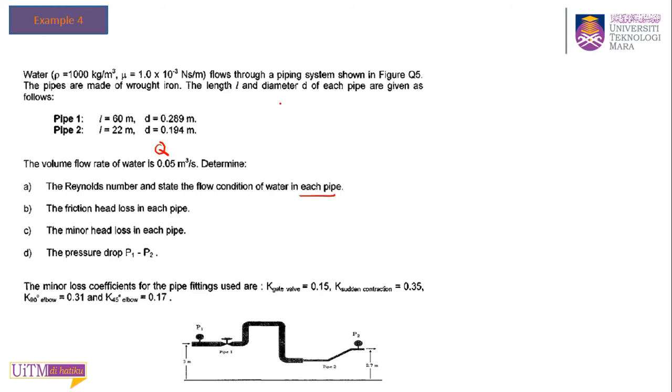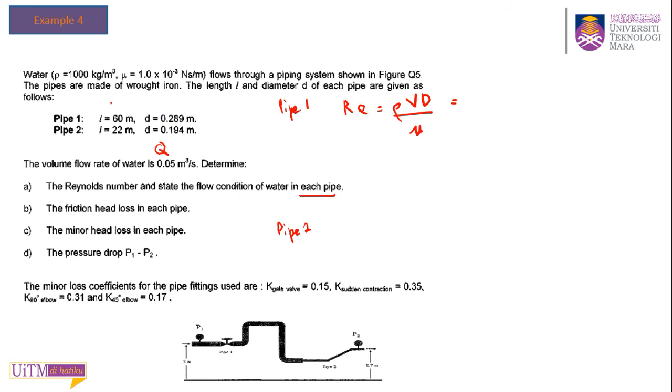So you have pipe 1 and pipe 2. Again the Reynolds number equation, rho times V times D over mu. You have everything, I guess. You just need to find the velocity.